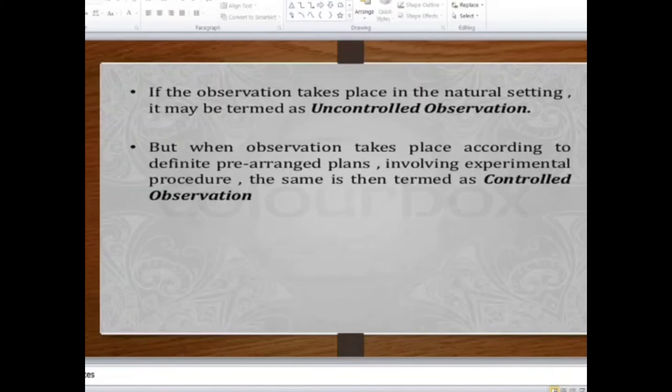Uncontrolled observation means the observation takes place in a natural setting. But when the observation takes place according to definite pre-arranged plans involving experimental procedure, it is termed controlled observation.